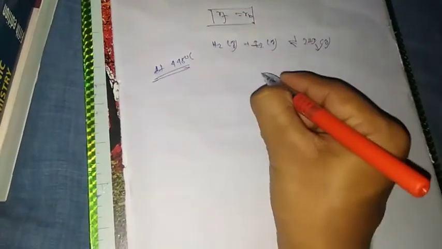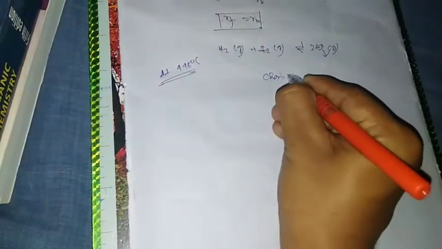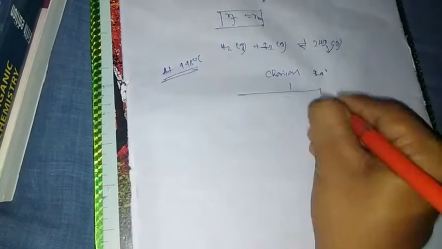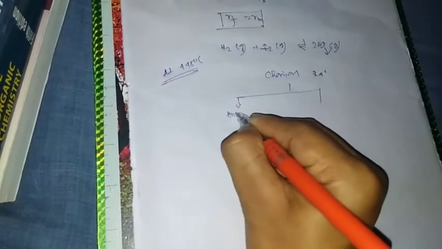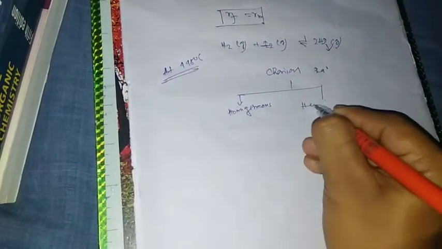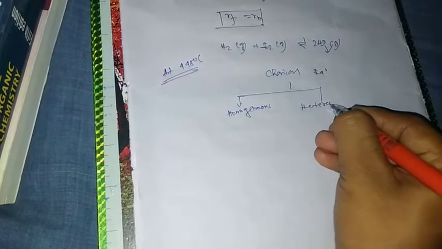Next, chemical equilibrium is of two types. One is homogeneous and another is heterogeneous.